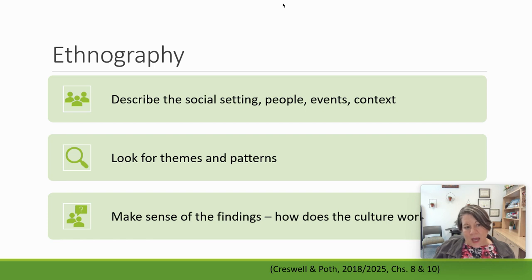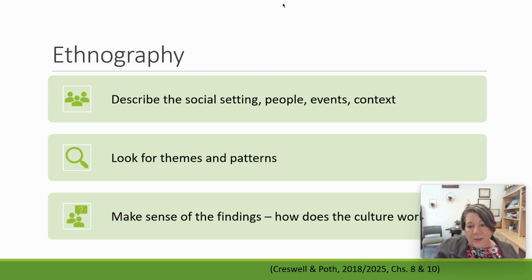So think back to, let's say, for example, the phenomenological study that we looked at with Nirmal et al. That was looking at what does intersectionality of being a woman of color have to do with how people become leaders in the profession of occupational therapy.